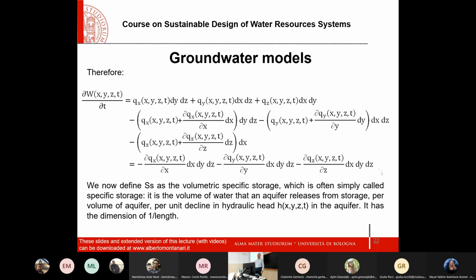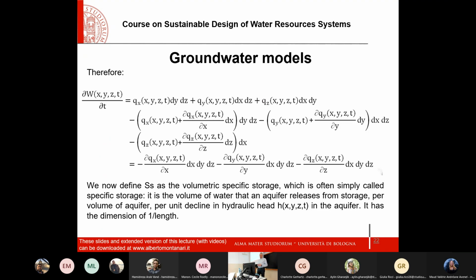Okay, now let me define a property of groundwater media, which is fundamental, and it's the volumetric specific storage. This is a physical property. And it's called very frequently just specific storage.